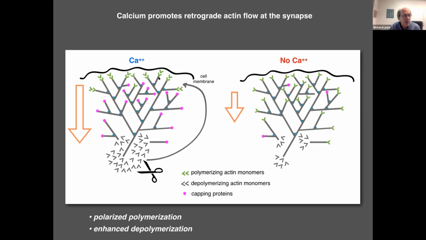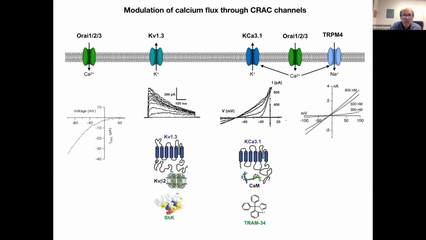And this highlights a self-organization mechanism by which calcium influx through the channels serves to concentrate the channels at the center of the synapse. Now, there are a variety of other channels and pumps that are essential for promoting or modulating store-operated calcium entry. And I just want to talk briefly about some of those now.